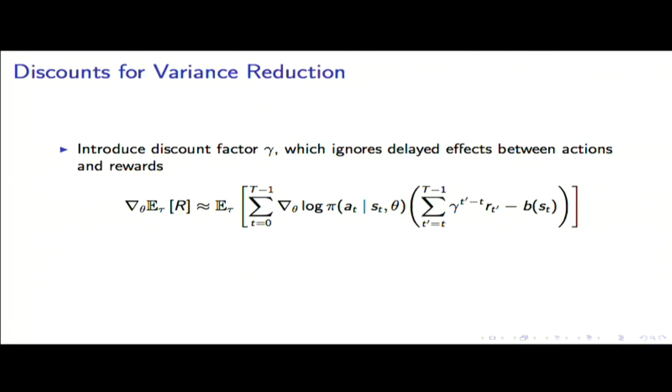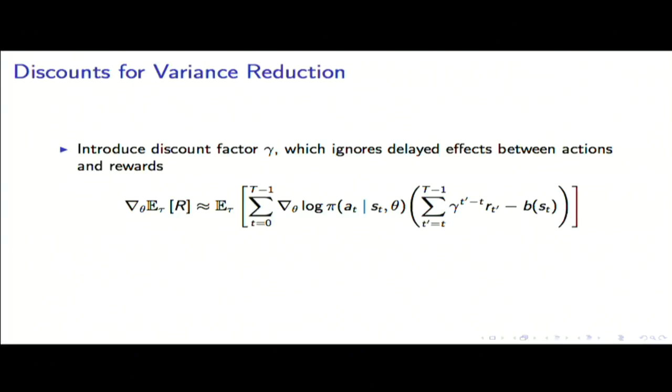So instead of using the total return, which is the sum of rewards after time step t, we're going to use the discounted sum of rewards, meaning that we multiply by this discount factor, gamma to the t prime minus t, which means we look at how far into the future the reward happened, and we shrink it by this discount factor.